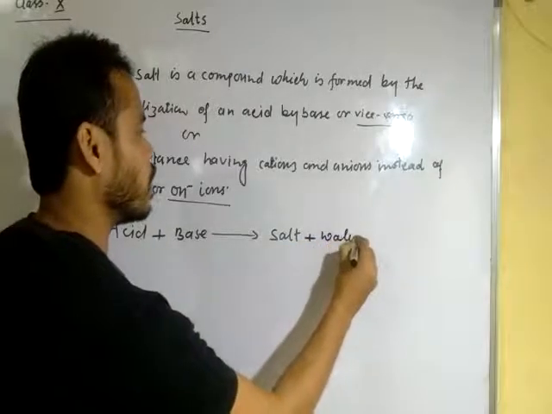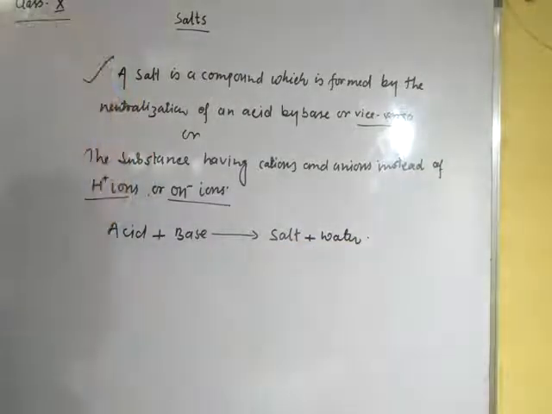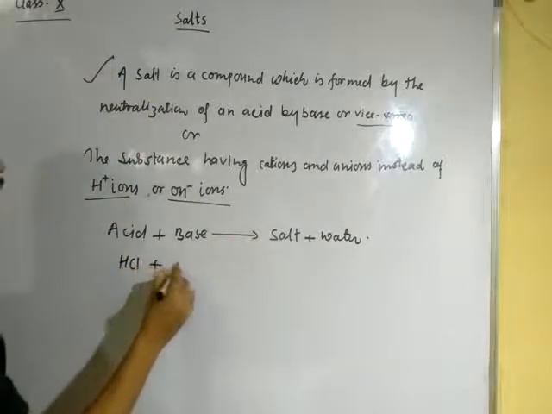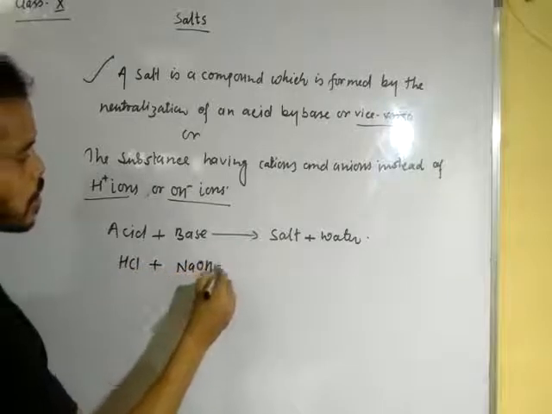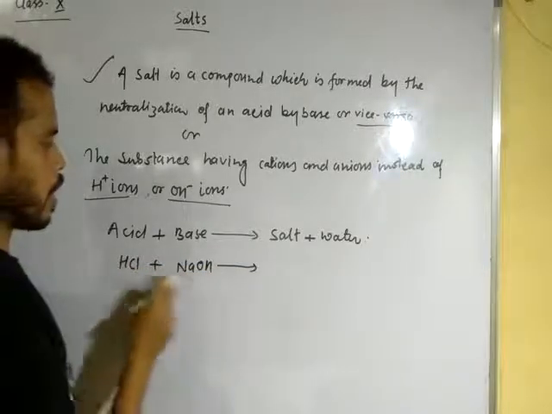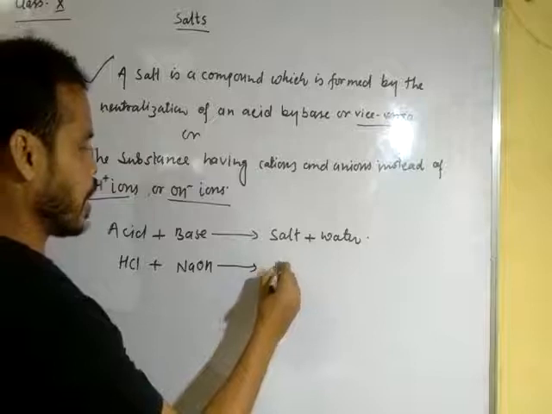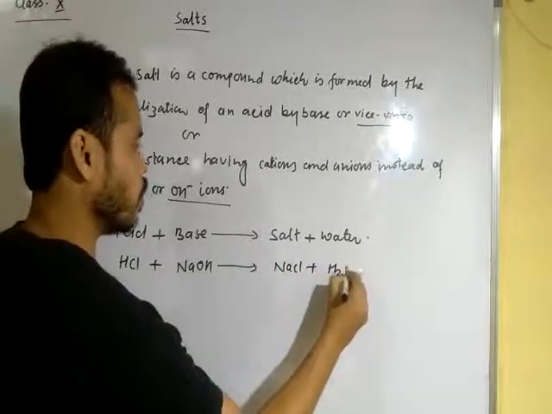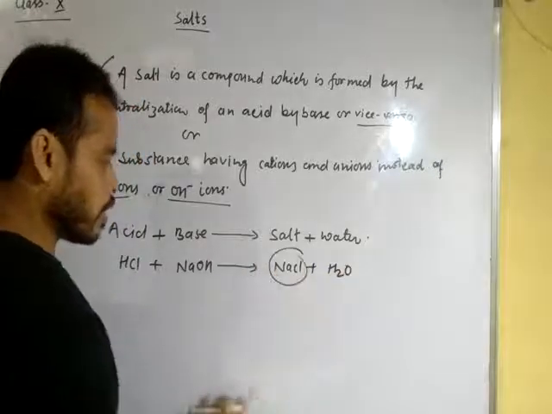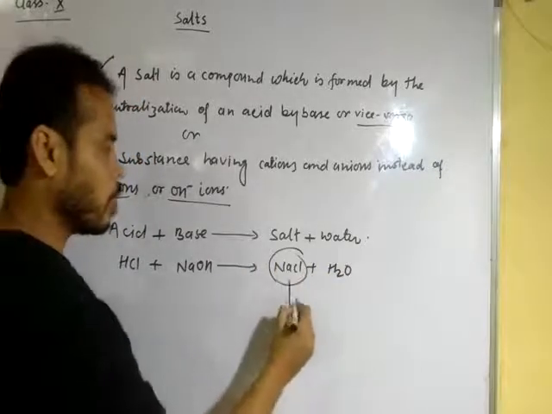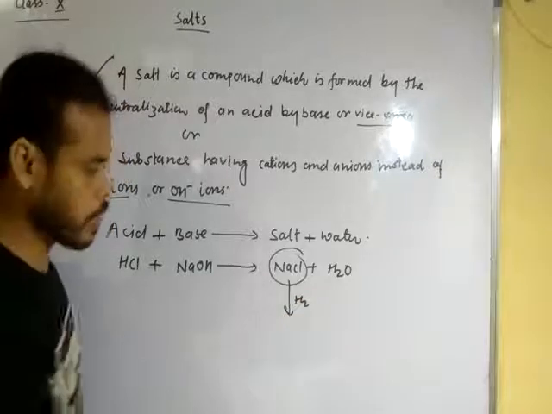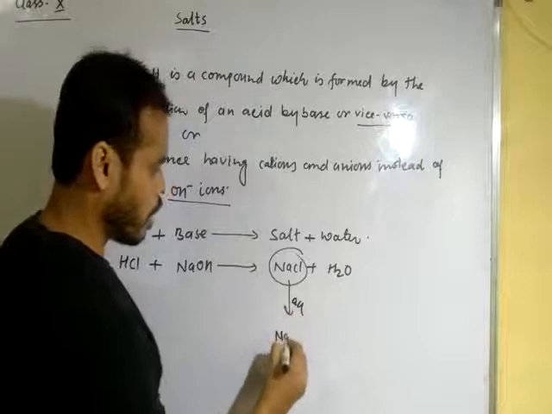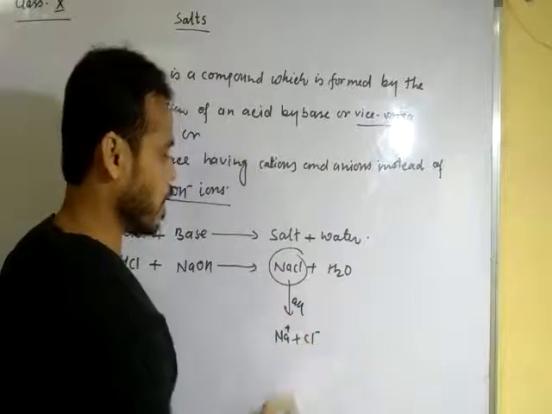So here, HCl is an acid and NaOH is a base. They react to each other to form NaCl and H2O. When NaCl dissolves in water, it gives Na plus and Cl minus.